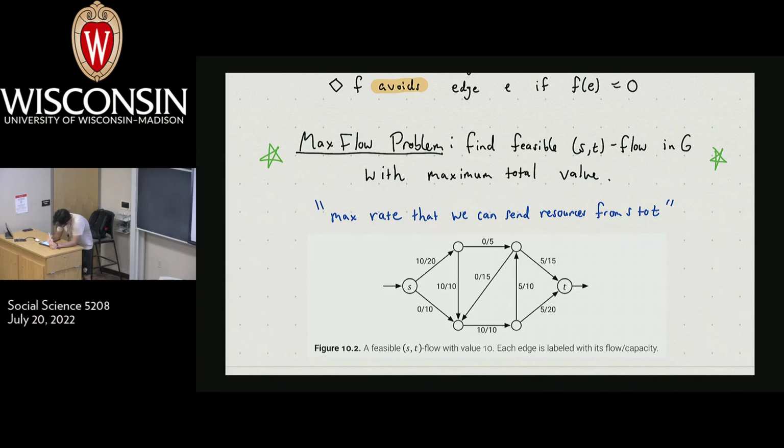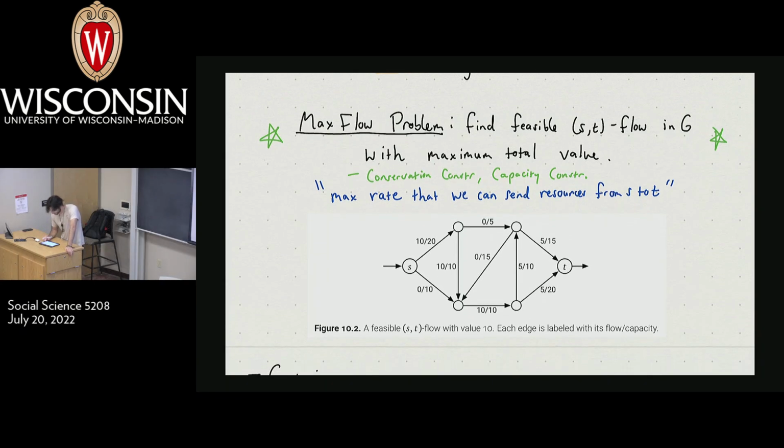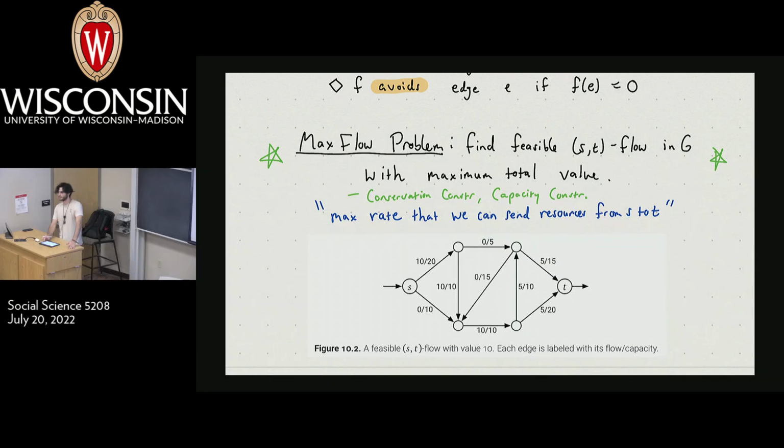So the two things here are conservation constraints and capacity constraints. Without those two constraints, you could just send infinite flow. There would be nothing stopping you from doing that. Unless the graph was disconnected. Like if there was no path from S to T, then you couldn't do that. But we're going to always assume there exists some directed path from S to T so that that won't become a problem.